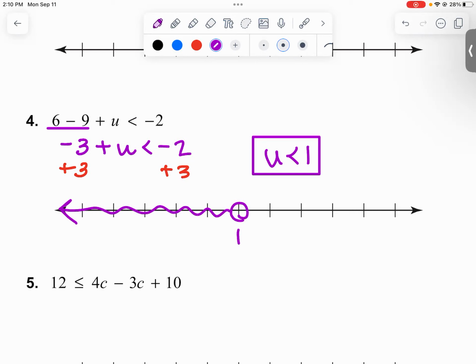Why am I looking at you like this? Write it out. Because I told Zane to add -3. That's not the answer.